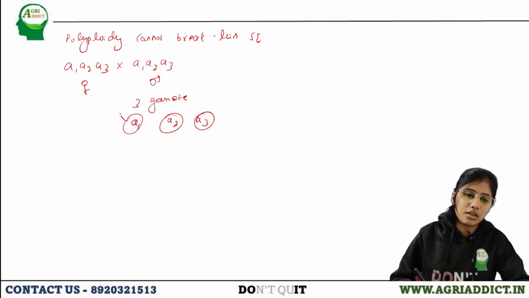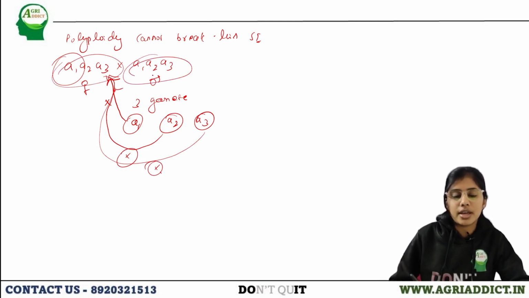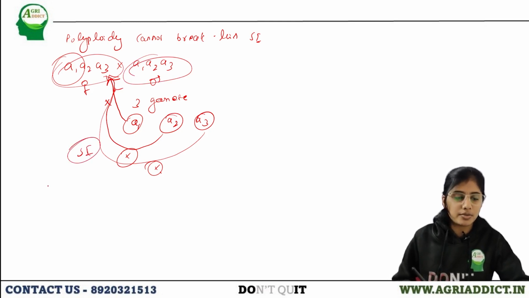So let us take A1 is going and fertilizing this. So already A1 is there, it will reject. So A2 is going, A2 is also there, it will also be rejected. A3 is going, A3 is also there, it will go and reject. That is, even if polyploidy condition is there, it cannot break this self-incompatibility mechanism.